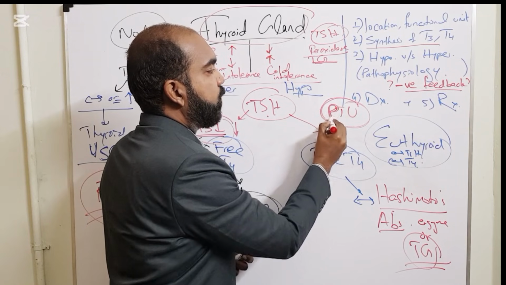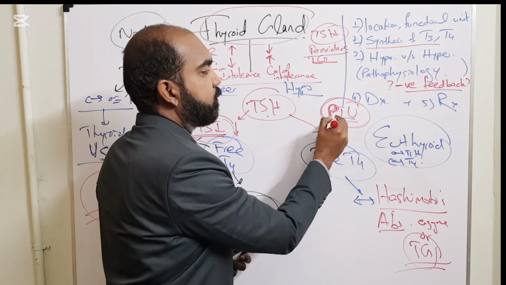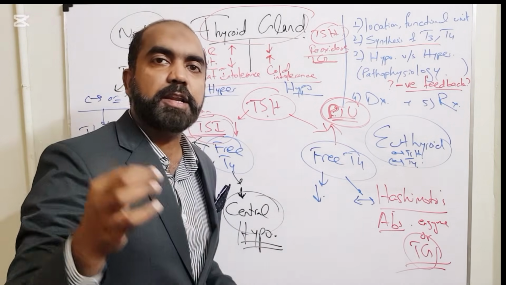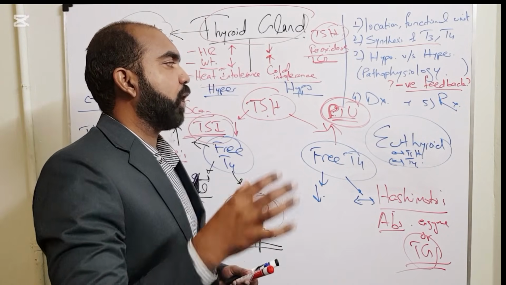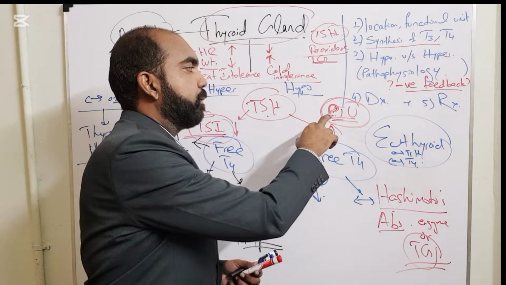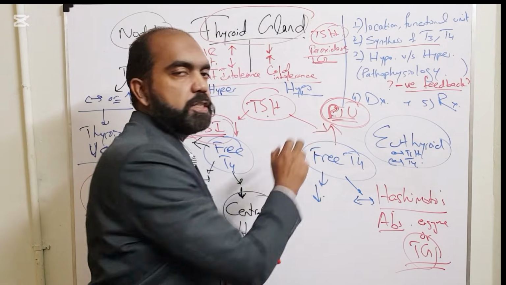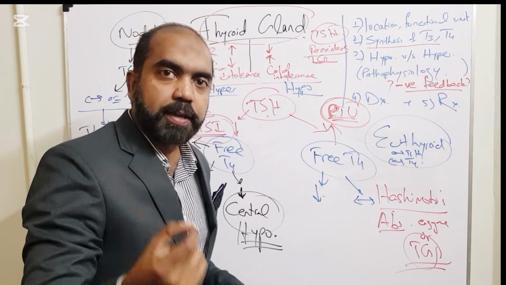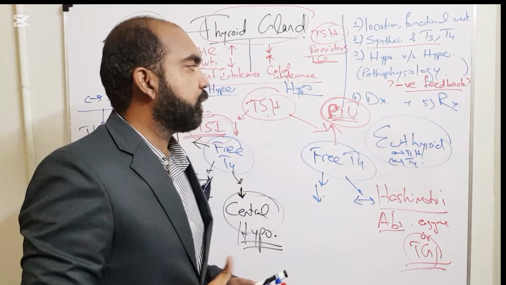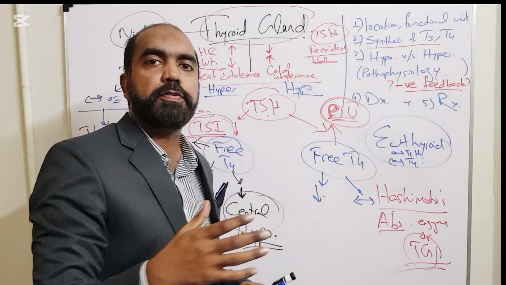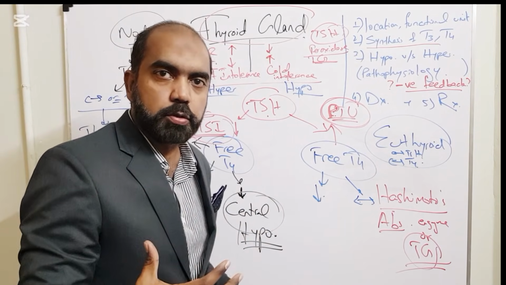So you can remember P stands for pregnancy and P stands for PTU. So if there is a pregnant patient who's suffering from hyperthyroidism, and you need to give a drug, so that drug of choice is PTU. In case of a non-pregnant patient or a male patient with hyperthyroidism, you can give methimazole or carbimazole.